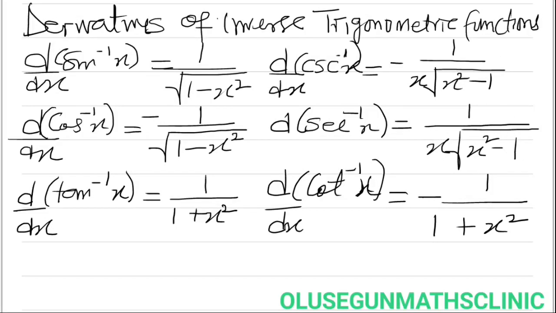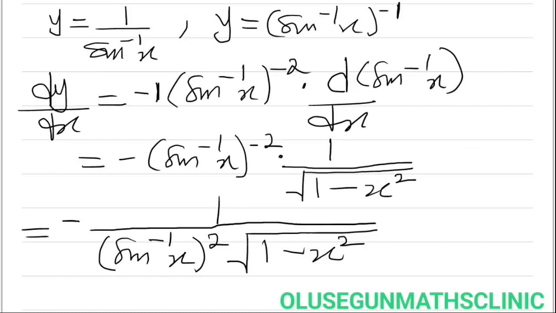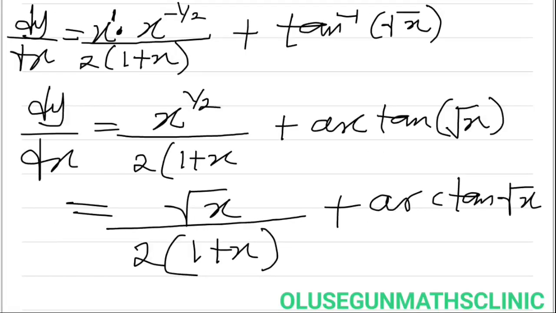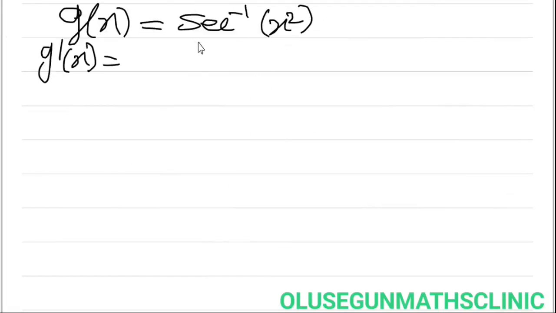So that derivative of sec is 1 over x onto the square root of x squared minus 1. But to recall, something happened here which you need to know.